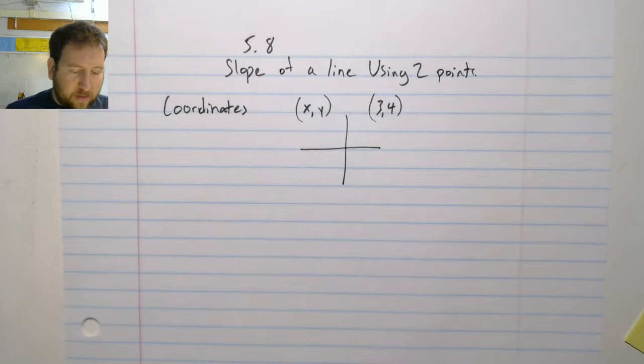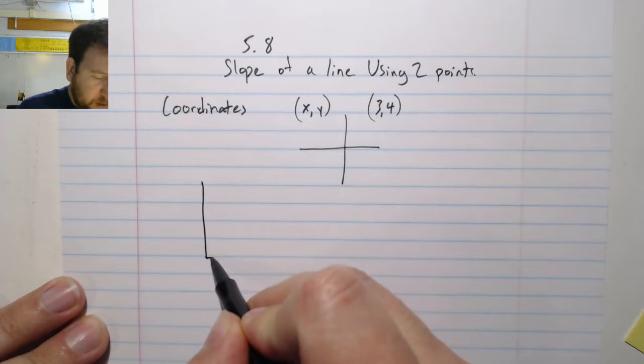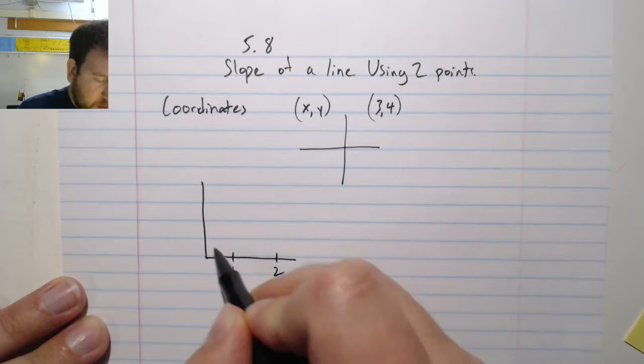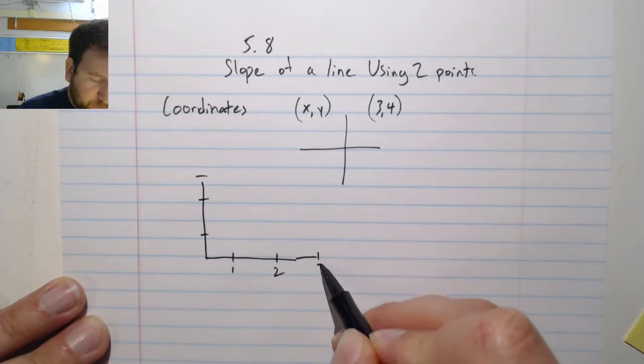Now, last time we were finding slope like this. You would make a plotting point like this. Actually, I'm going to need 3.